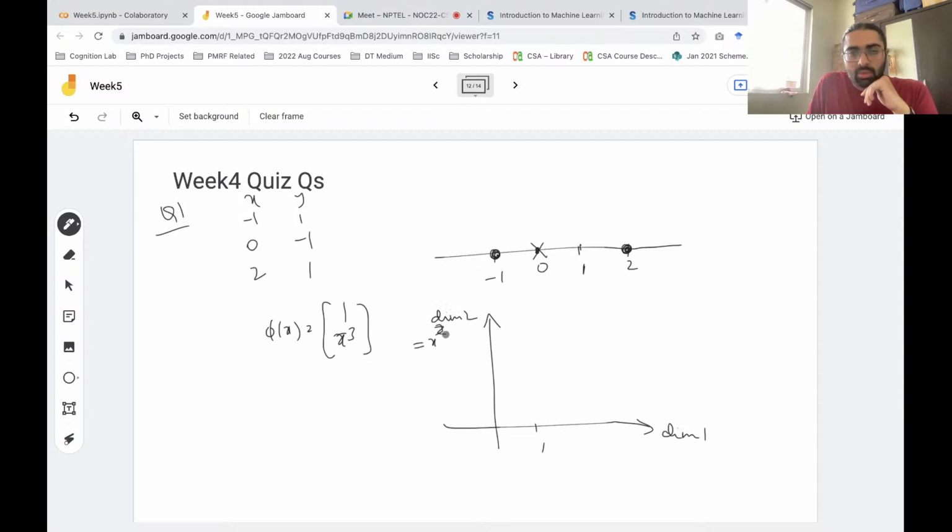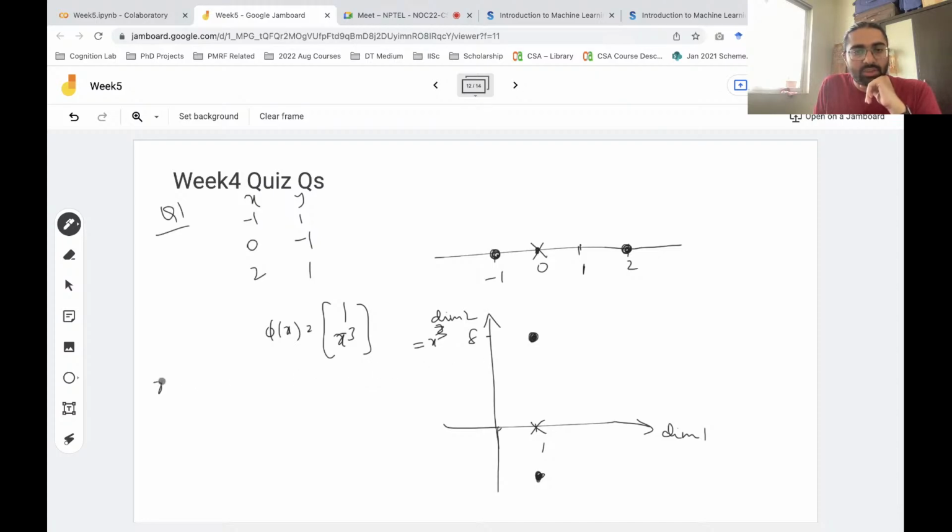So you will have one point which is 1 and 0, this point. 1 and -1 gets mapped to here, and 1 and 8, let's say this is some 8, gets mapped here. So again, it is not linearly separable. I cannot find any line here which can separate the two classes.